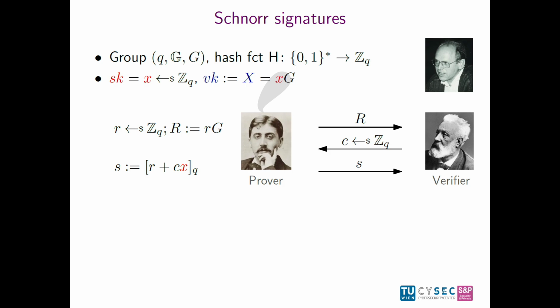And you see that if you take this equation, multiply by the generator, then you get the Schnorr verification equation.